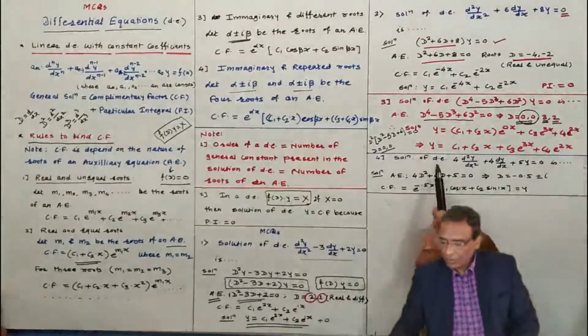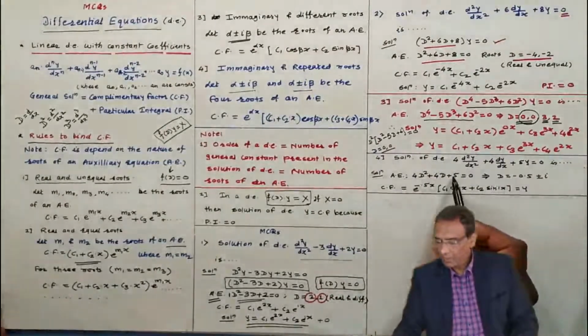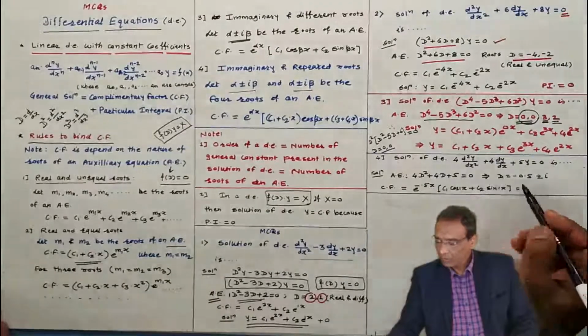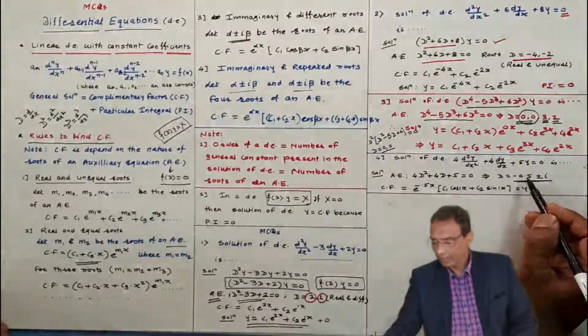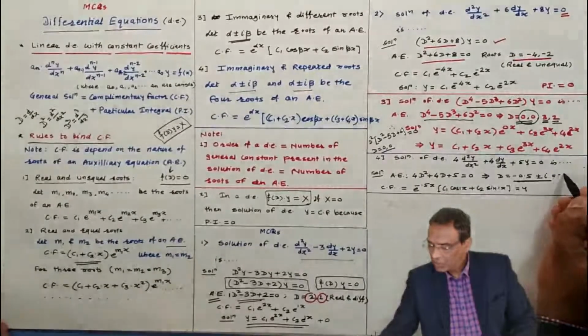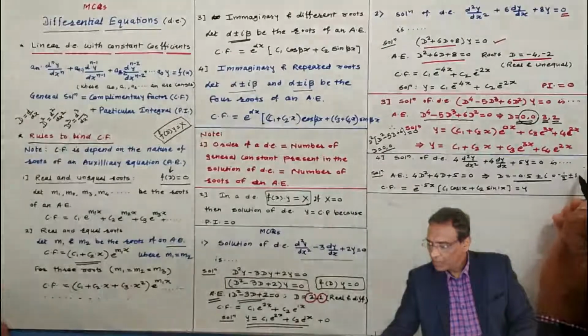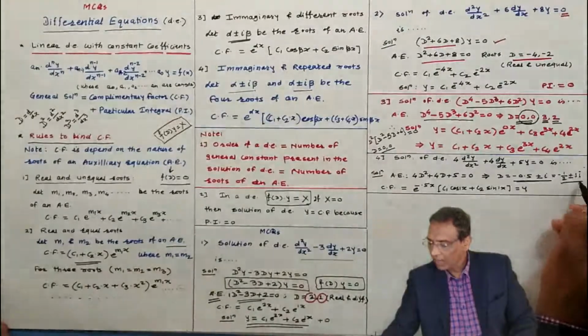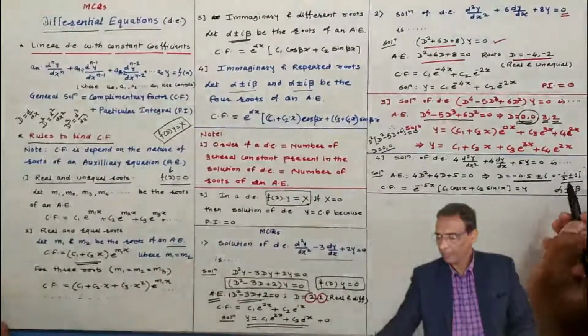Next, the solution of this differential equation: auxiliary equation equal to 0, then the values of D are minus 0.5, or you can write minus 1 by 2 plus minus i. Plus minus 1i, because this is of the type alpha plus minus i beta.